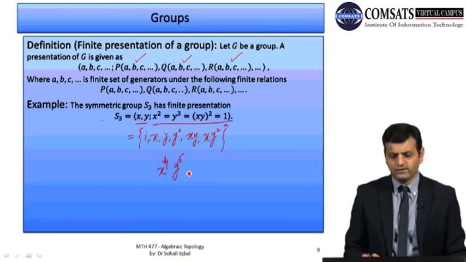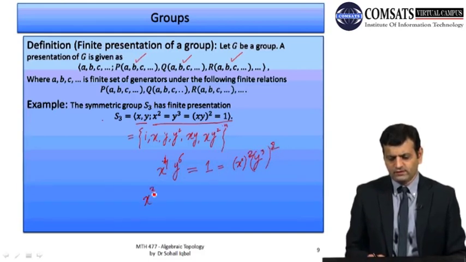Since x square is 1, x raised to the power 4 is 1, and y to the 6 is y cube squared, and y cube is 1, so it is basically 1.